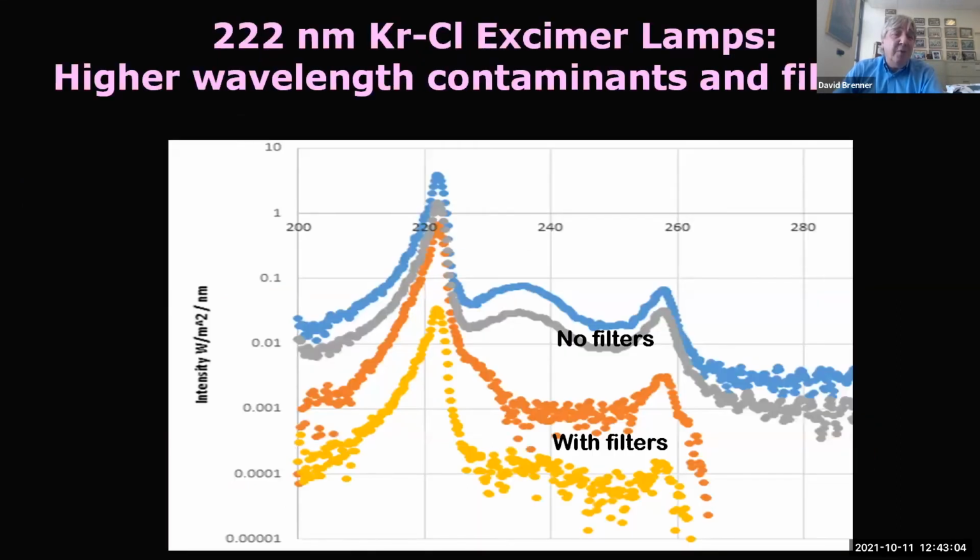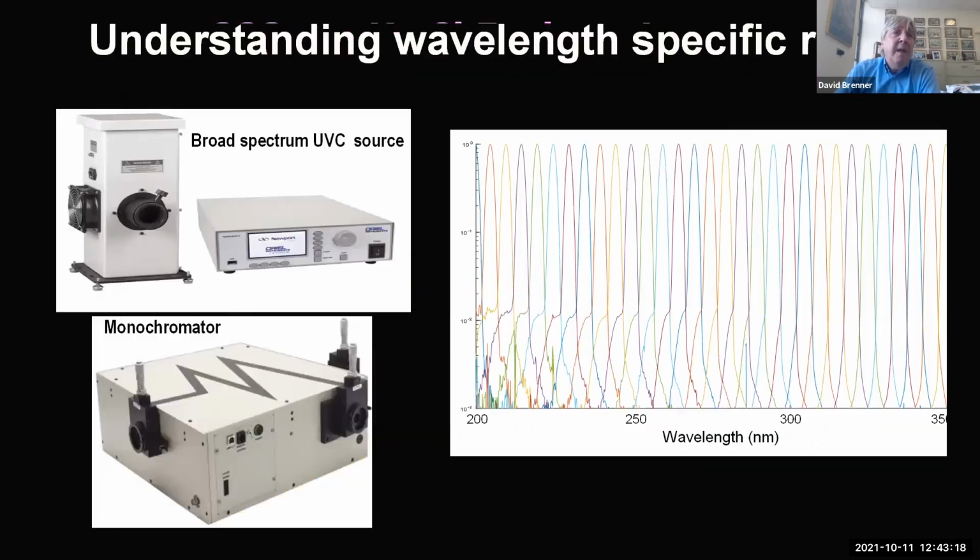But again, it's important to think about the filtration, because we know that these high wavelength contaminants would cause health hazards if they're not filtered out. We wanted to understand the wavelength specific risks, because if you're going to design the right filter, you want to know what wavelengths you are trying to eliminate.